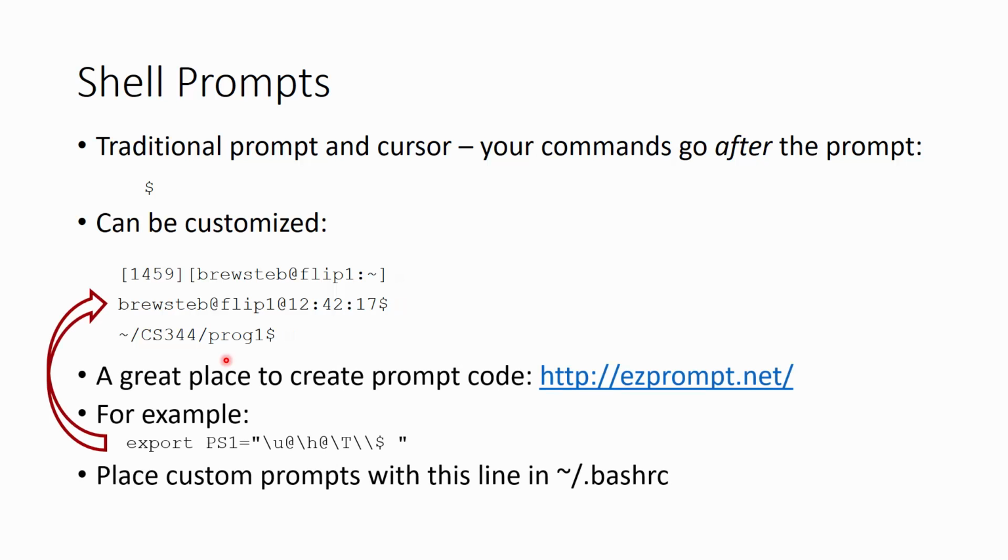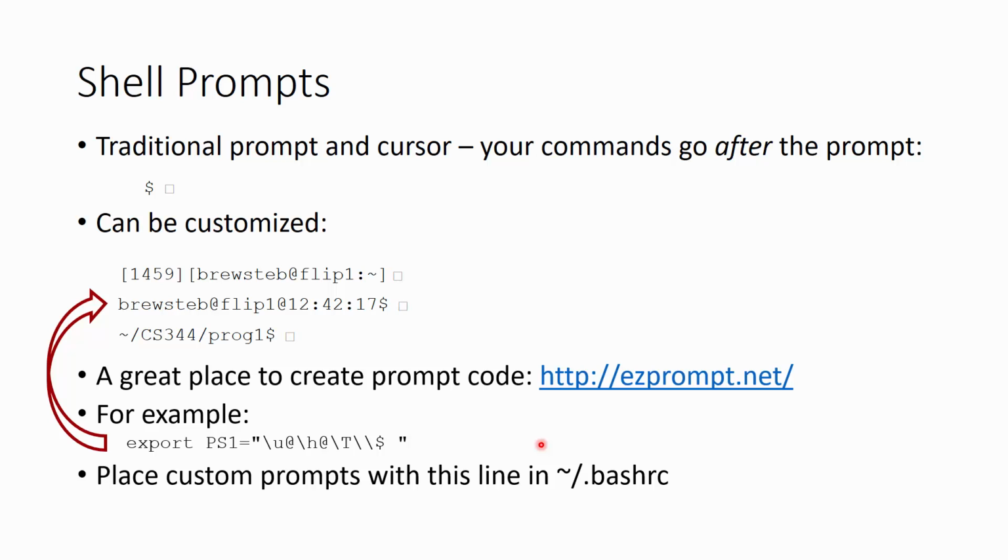So to create different types of shell prompts, here's a great website, easyprompt.net. The reason why doing this from a website's a good idea is because the actual strings that it takes to make your shell look differently are pretty complicated. So for example, this is the line here that it takes to create a different shell look.